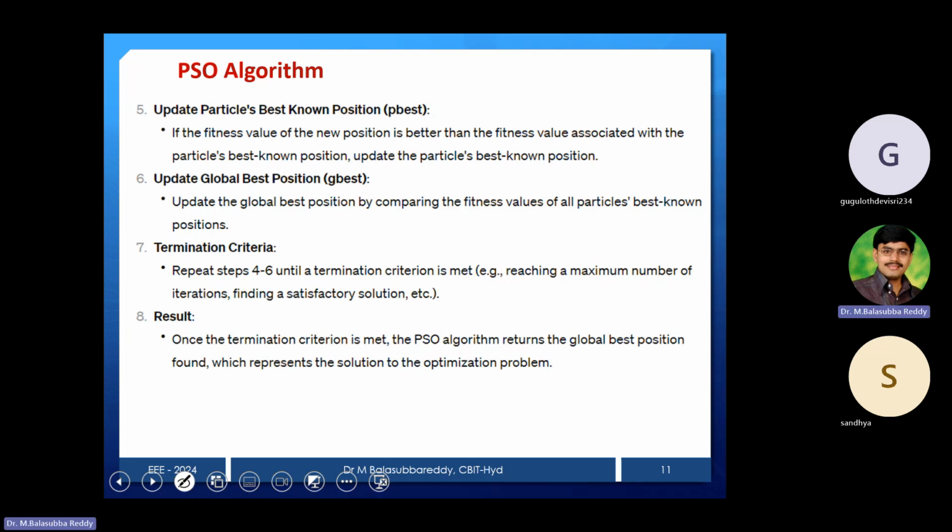In a similar manner we do this with the initial positions. That information is known to you. Then we move some step, a new position arises with new velocities, and we compare these two to decide whether to consider the second solution or the first solution. If the fitness value of the new position is better than the fitness value associated with the particle's best known position, update the particle's best known position.